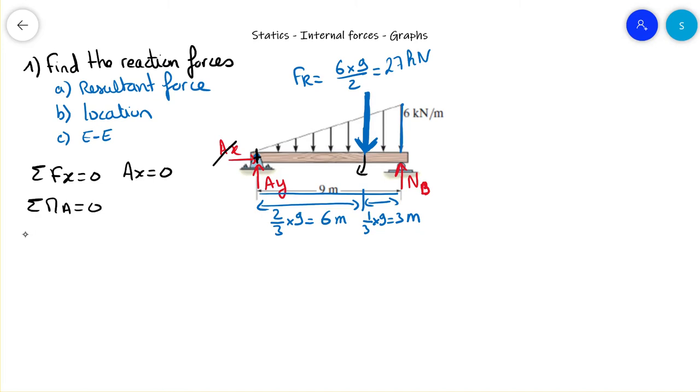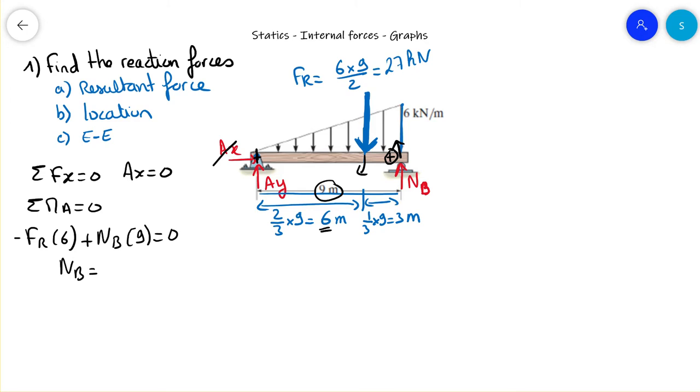So we have the resultant force FR going in the negative direction times the distance of 6, and NB going in the positive direction, so plus NB times the total distance, that is 9, equal to 0. So NB is equal to FR.